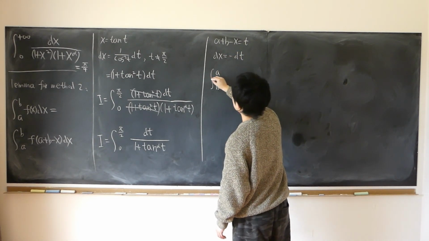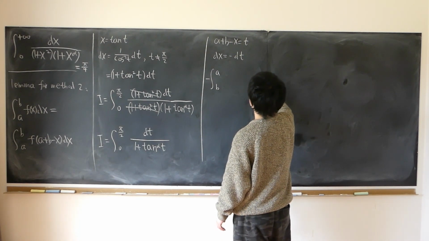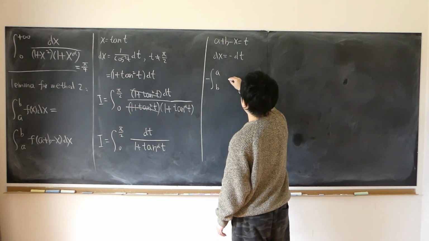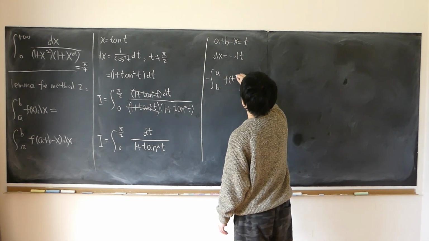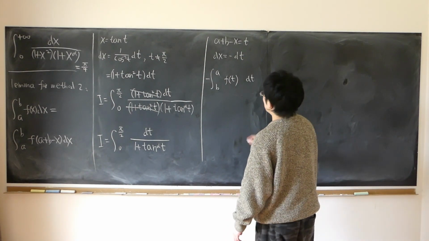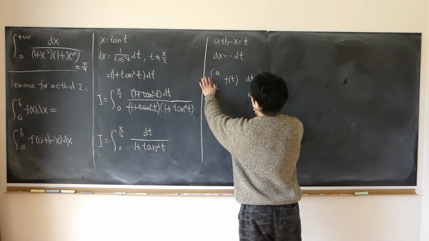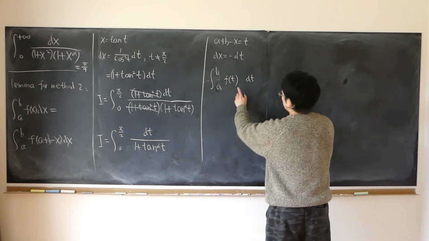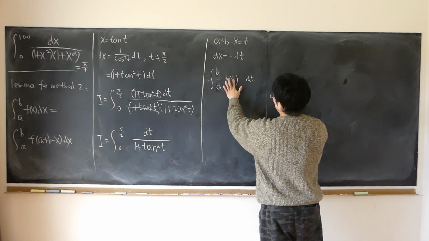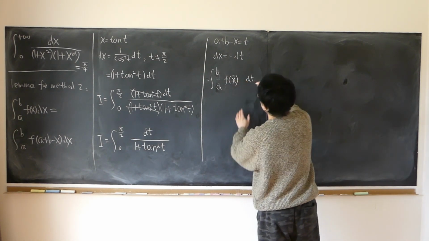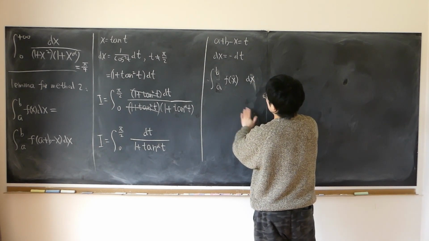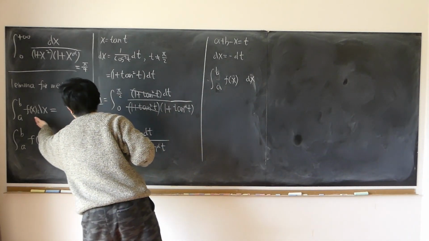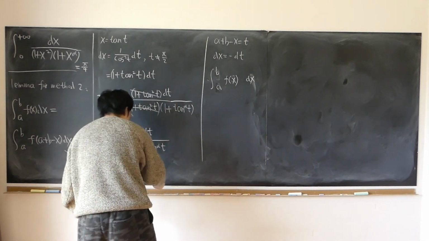We get f of a plus b minus t, dt, and we get rid of the minus sign by changing the boundaries, from a to b, f of t dt. We change t into x as long as it's consistent: f of x dx. Again, my right-hand side is really equal to the left-hand side, so this has no problem.